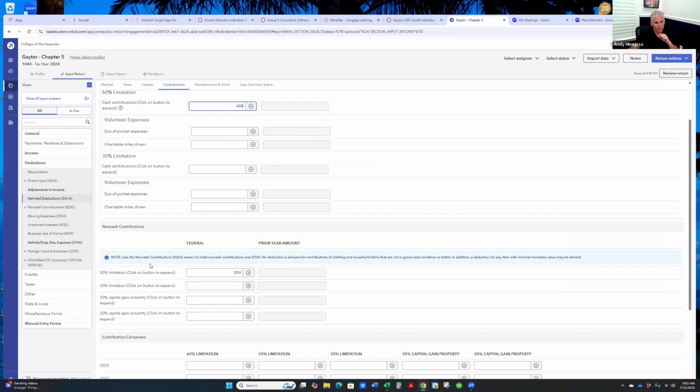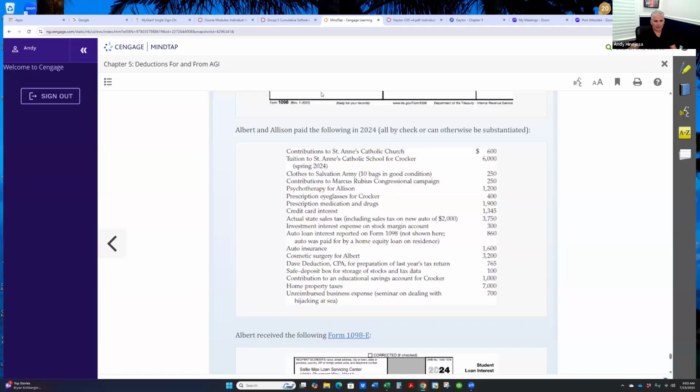Now, if the actual contribution is greater than $500, there would be another form that would have to be attached. The form 8283, which is a specific listing of non-cash contributions, would have to be completed, but it's only required if your non-cash contribution is over $500. We do not have to prepare the form 8283. We simply enter the $250. Okay, let's go back to the textbook.